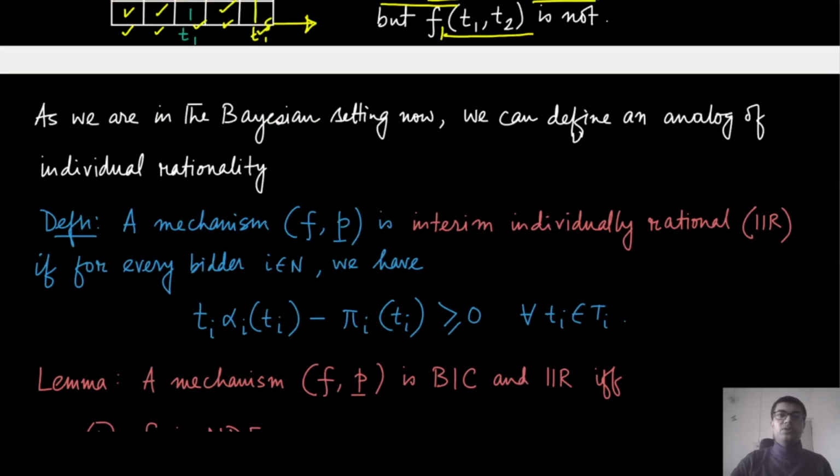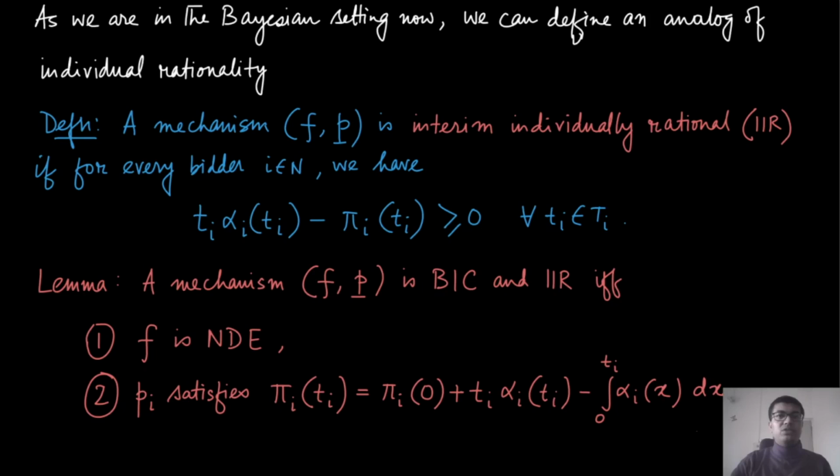So similar to the incentive compatibility notion in the Bayesian setting, now we can define an analog for individual rationality. We are going to call that interim individual rationality, or IIR. What is the meaning of interim? Player i has observed its own type, which is Ti, but it did not observe the types of the other players. If it had, then it would have been ex post individually rational.